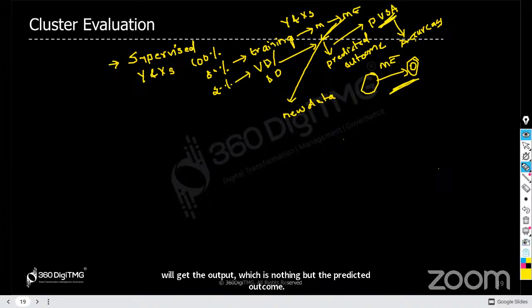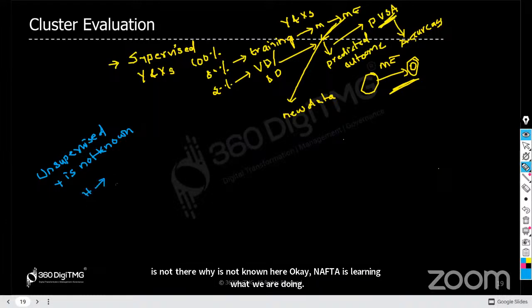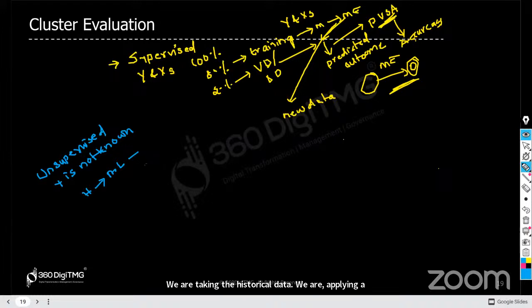So what is unsupervised then? In unsupervised learning, you are not predicting anything, and in the historical data you don't have any output variable. We take the historical data and apply a machine learning algorithm in order to understand the rules and patterns.